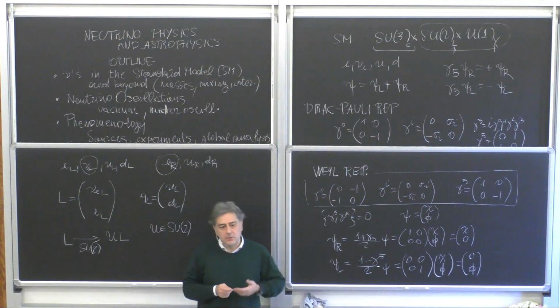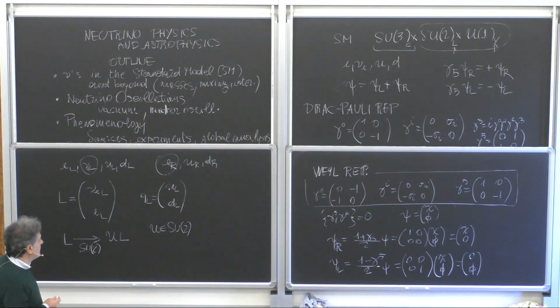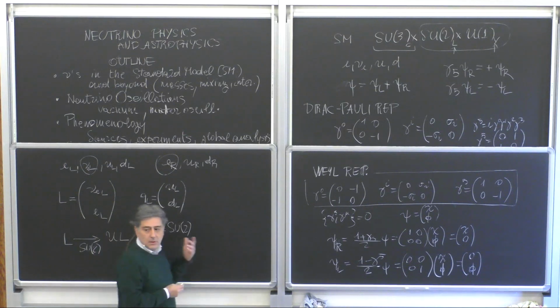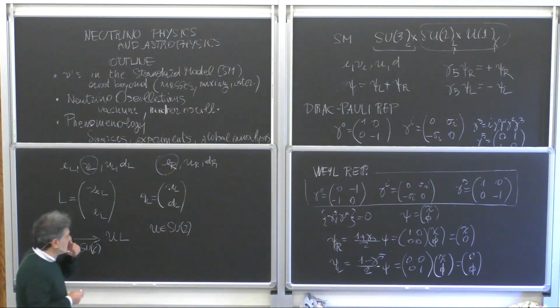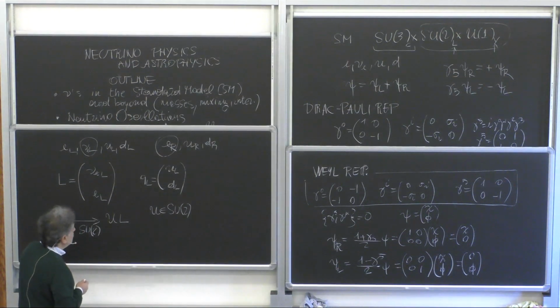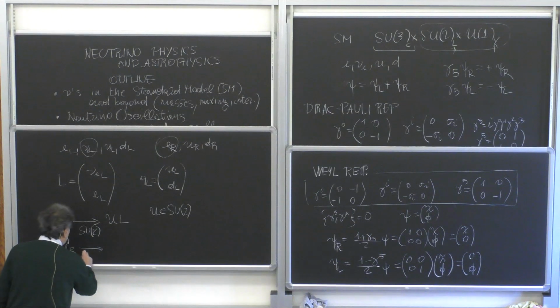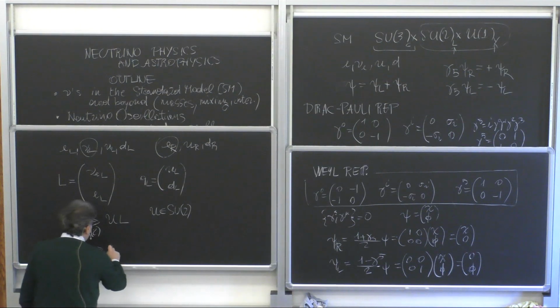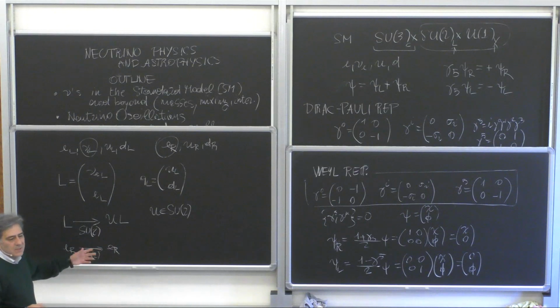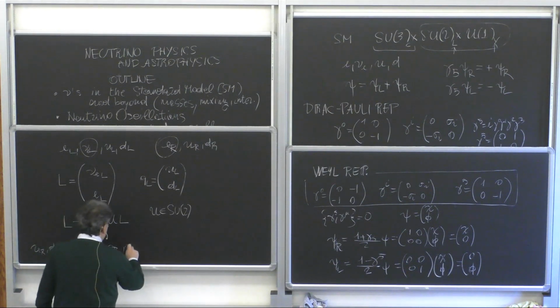Obviously these are irreducible representations, because this is what we require for the fields: they belong to irreducible representations of the symmetry group of the theory. If you instead consider, for instance, the right part of the electron, under SU2 it goes to itself, so it does not change. And this is true also for the quarks.